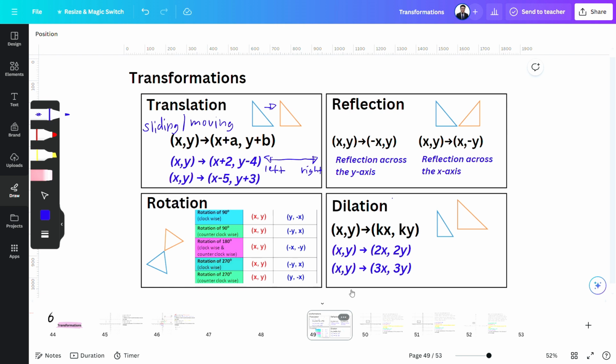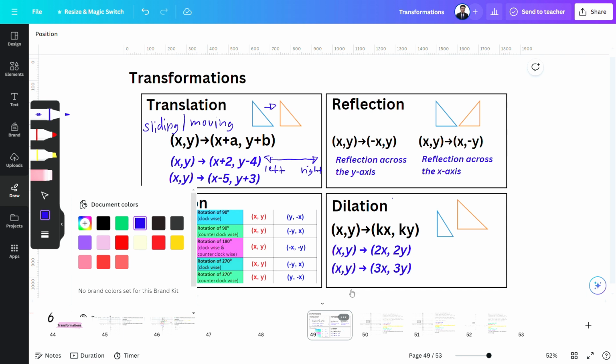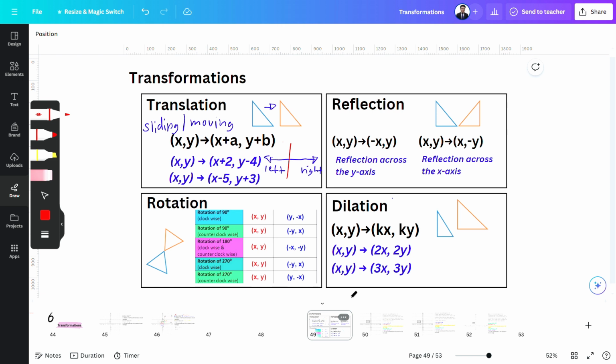Okay? Now, comparing it with our y-axis, take note that the y-axis is the vertical line, right? So our y-axis will tell us the direction of up or down. Okay? So let's say, for example, we have x plus 2 and then y minus 4.